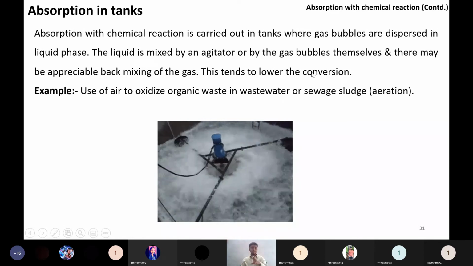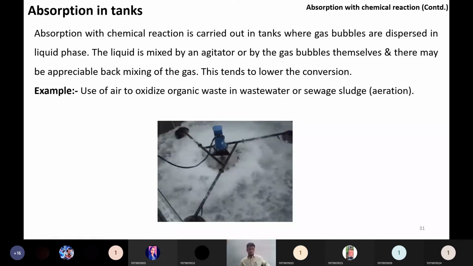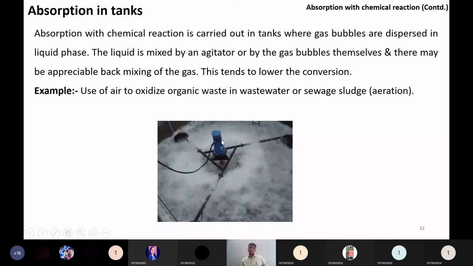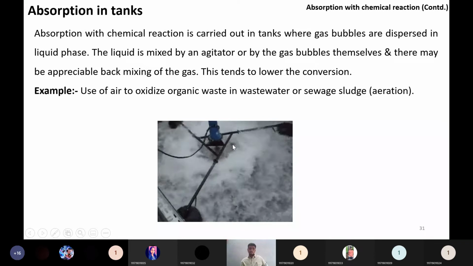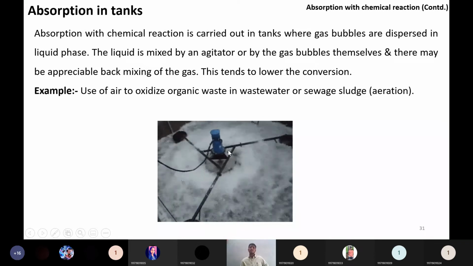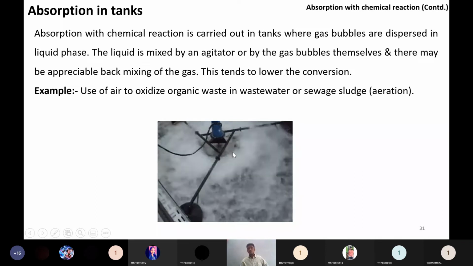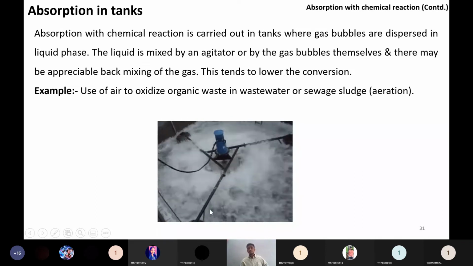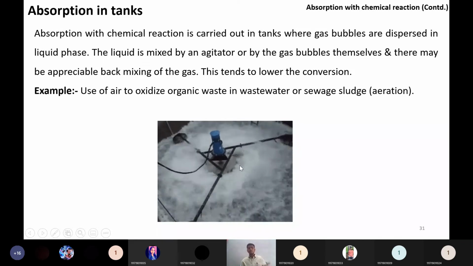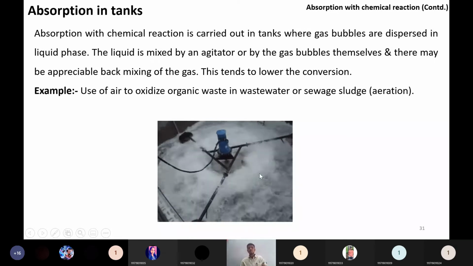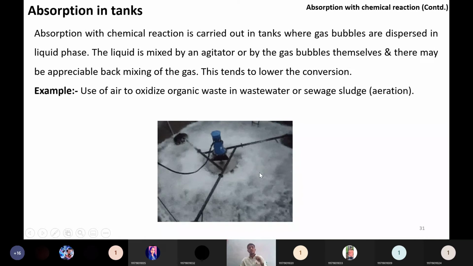So as you can see in the lagoons, in water treatment plants, in the aeration process, what happens? Majority of your BOD or the organic matter inside can be removed by an oxidation process. How are we oxidizing? We can supply the proper air, we can supply the oxygen, using some aeration tools or air lagoons.